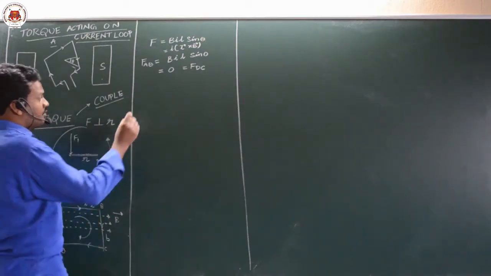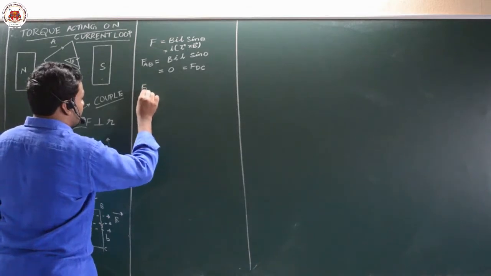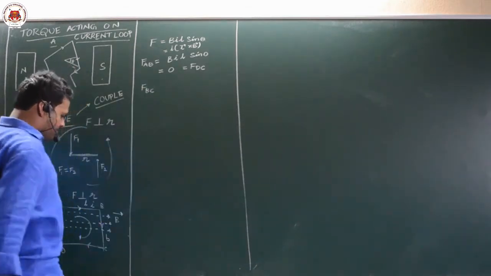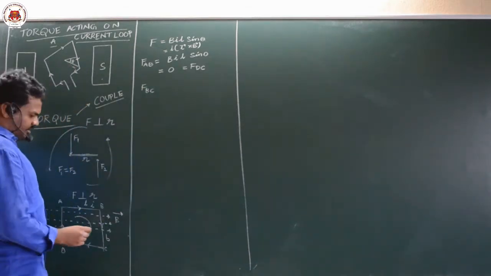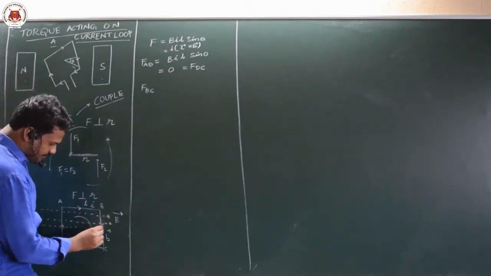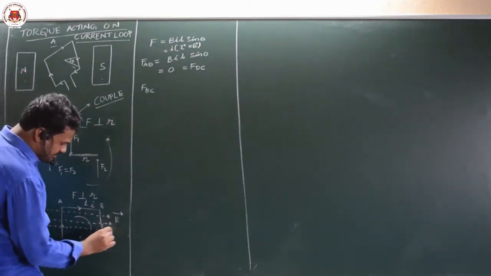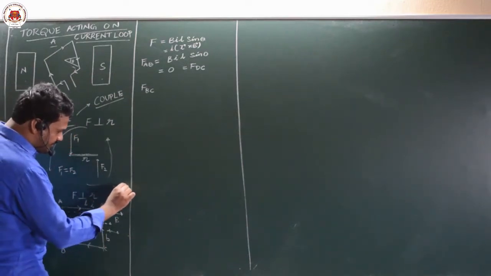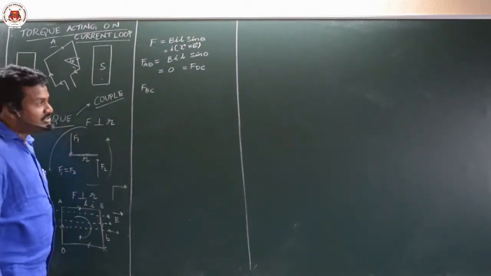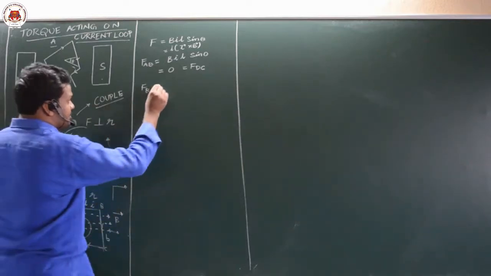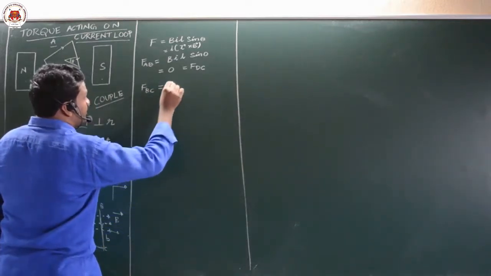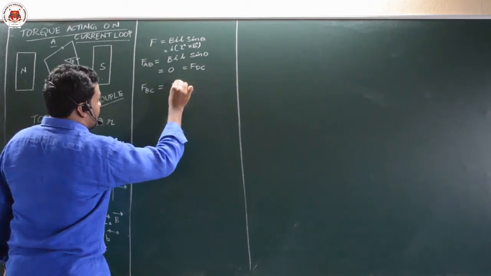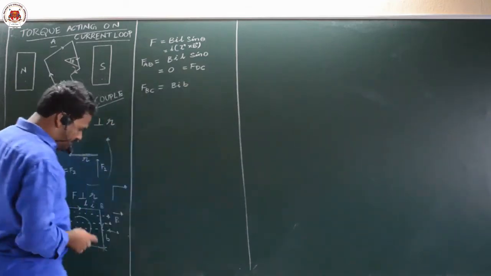Now force on BC. There will be a force on BC, it is not 0, because the angle between L and B is totally 90 degrees. Therefore force on BC is equal to BIb, where small b is the length of the conductor.